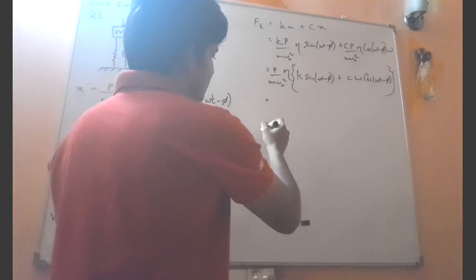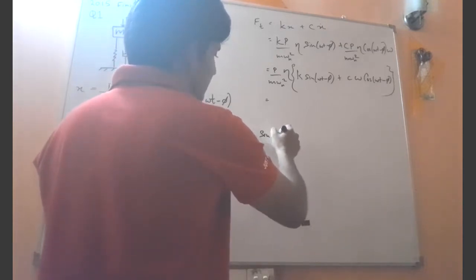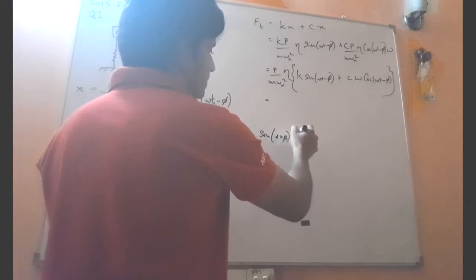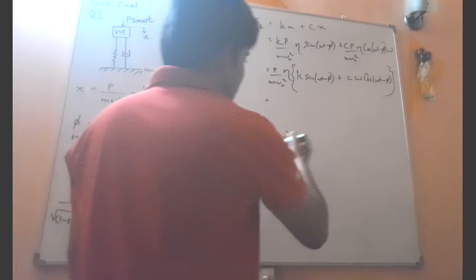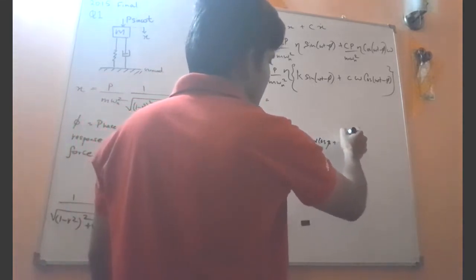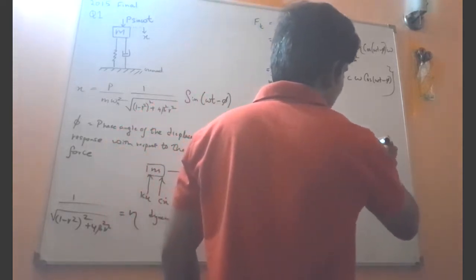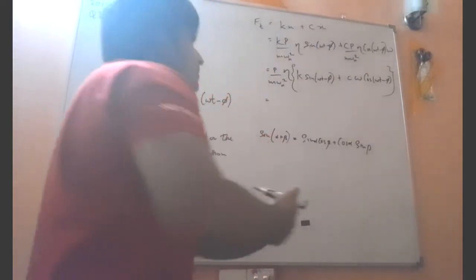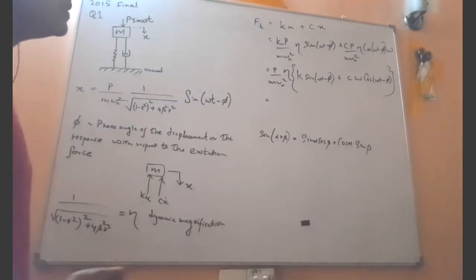Let's just recall that. We have sine of alpha plus beta, which is a very famous formula. You know what that formula is? It is sine alpha cos beta plus cos alpha sine beta. So now here you are going to obtain some relation like that. So that will be easy.